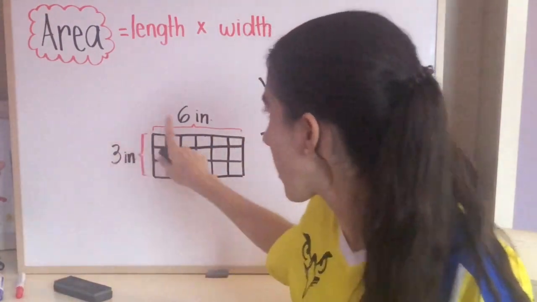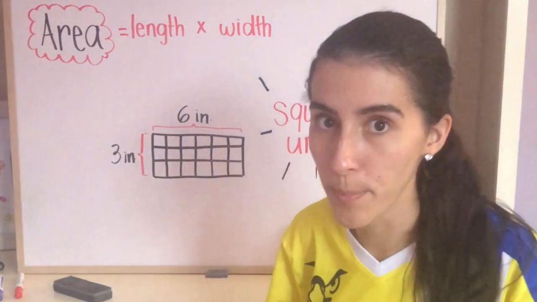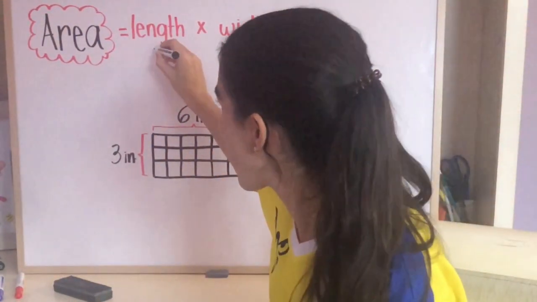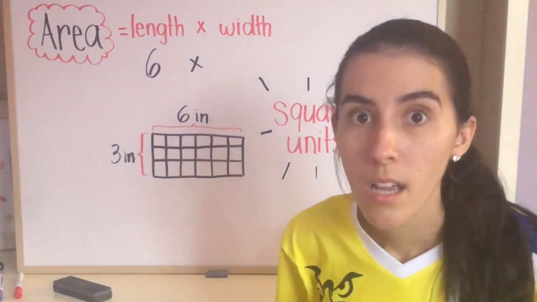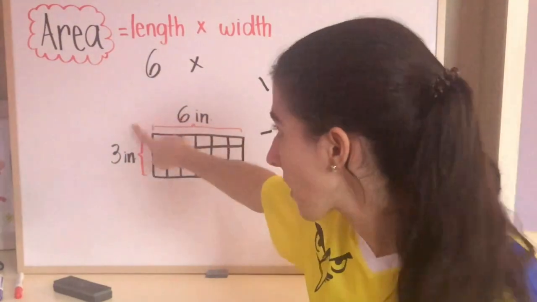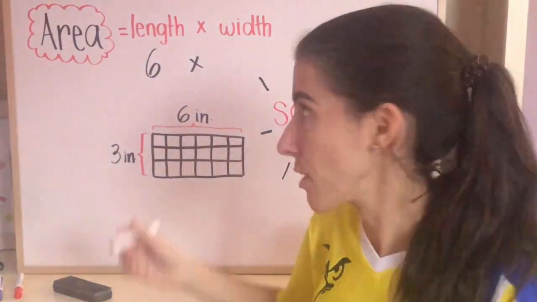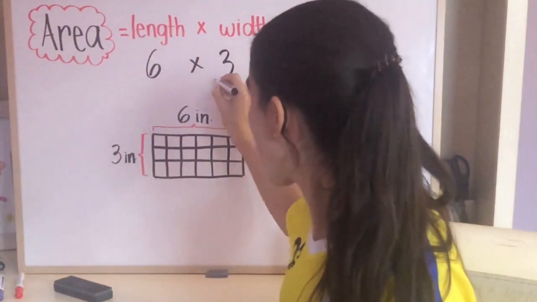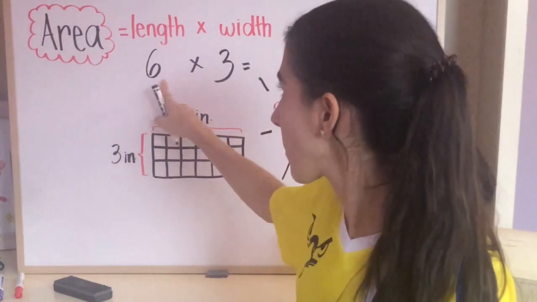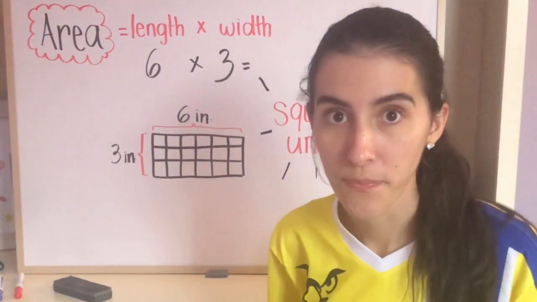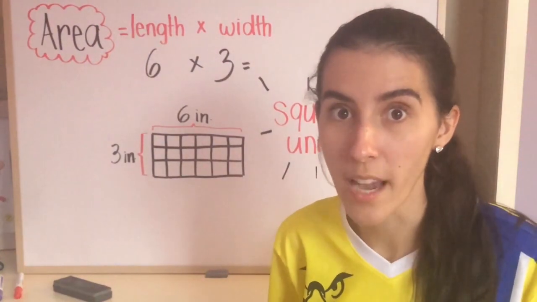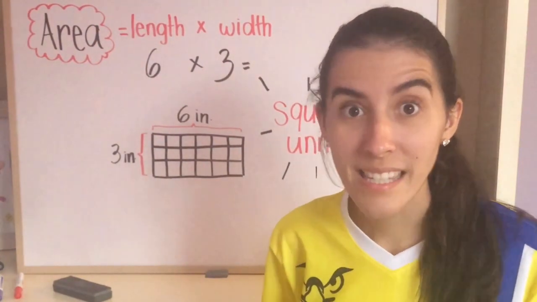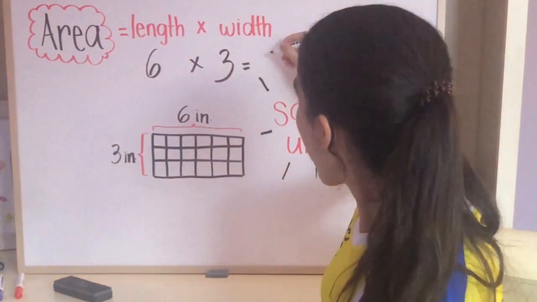So I know that the length of my shape is 6 inches. I'm going to multiply that by the width. I see that the width is 3 inches. So, what is 6 times 3? If you need to pause the video to figure that out, go ahead and do that. 6 times 3 is 18.